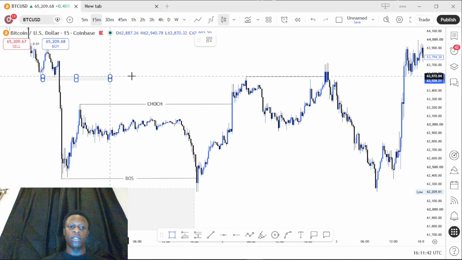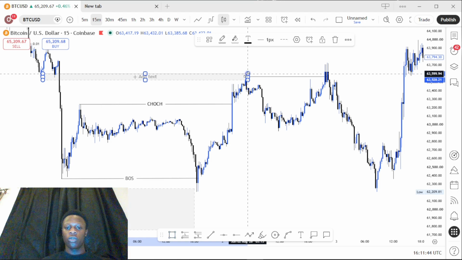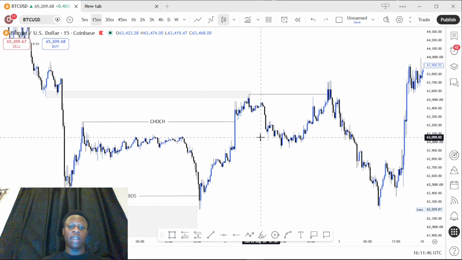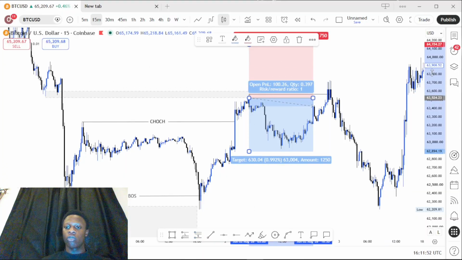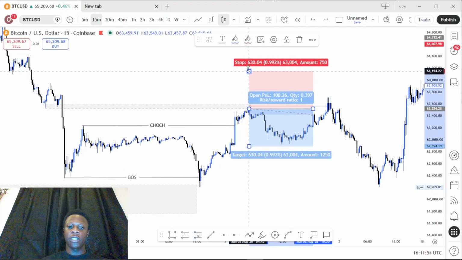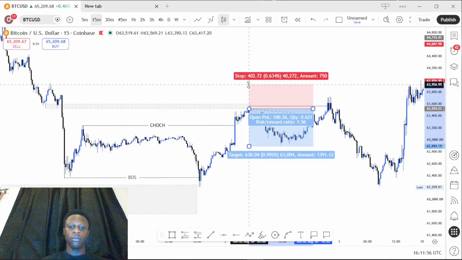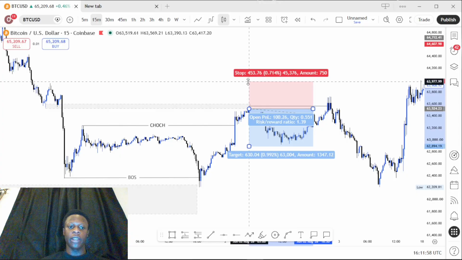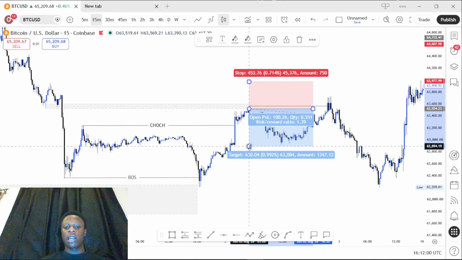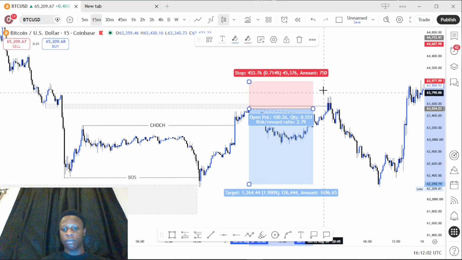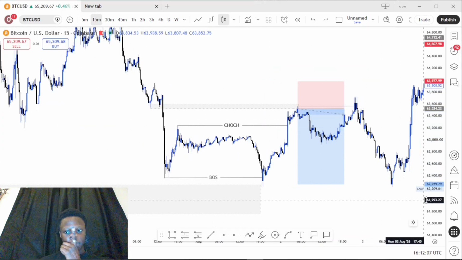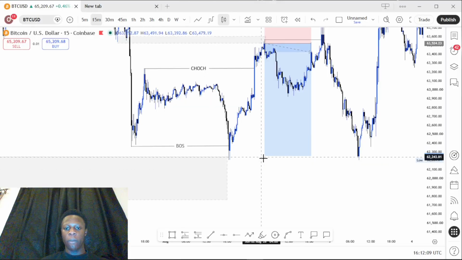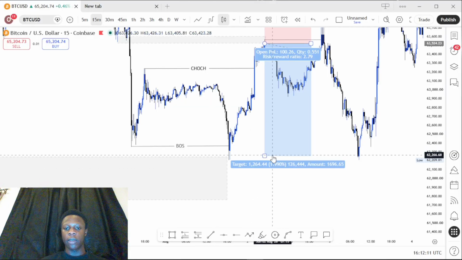Let's set it up so you guys can see it. The trader that was about to sell right here, so you can understand, the stop loss will be above this very high right here, and they will target this very low right here.